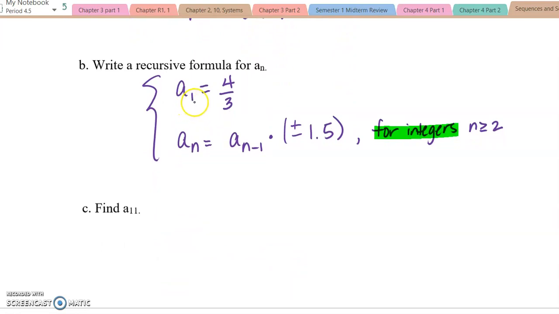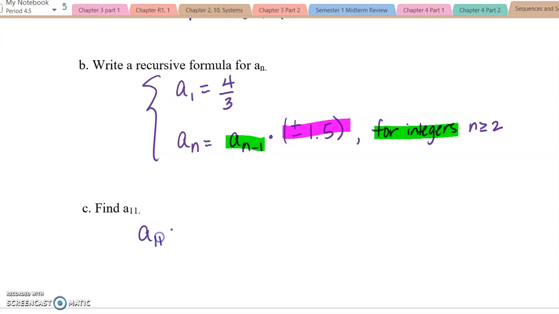You can have 2 different starts. And so that's why I say a recursive formula has really just 2 ideas to it. It's got a start and then a pattern. And so this satisfies the geometric. For any geometric sequence, the recursive formula will have the previous term times the r value.